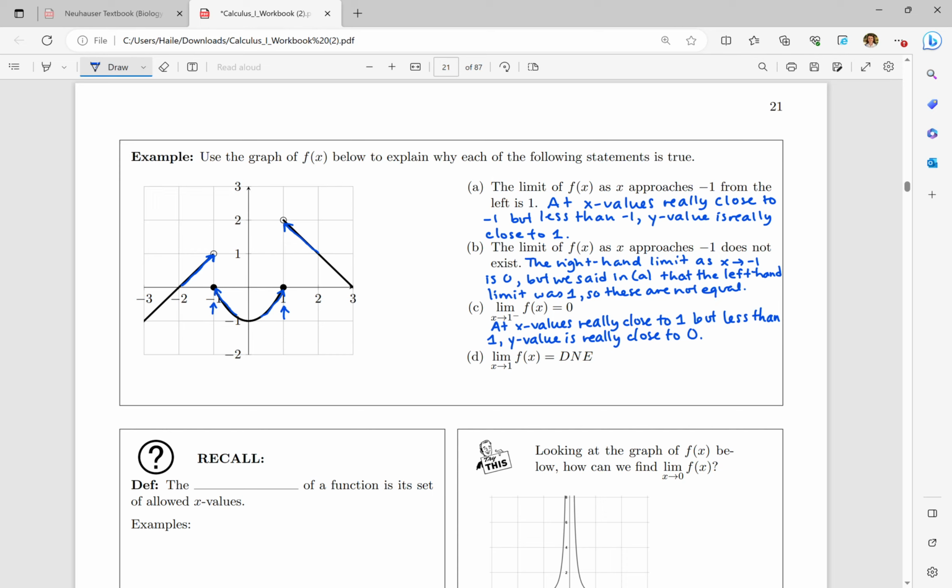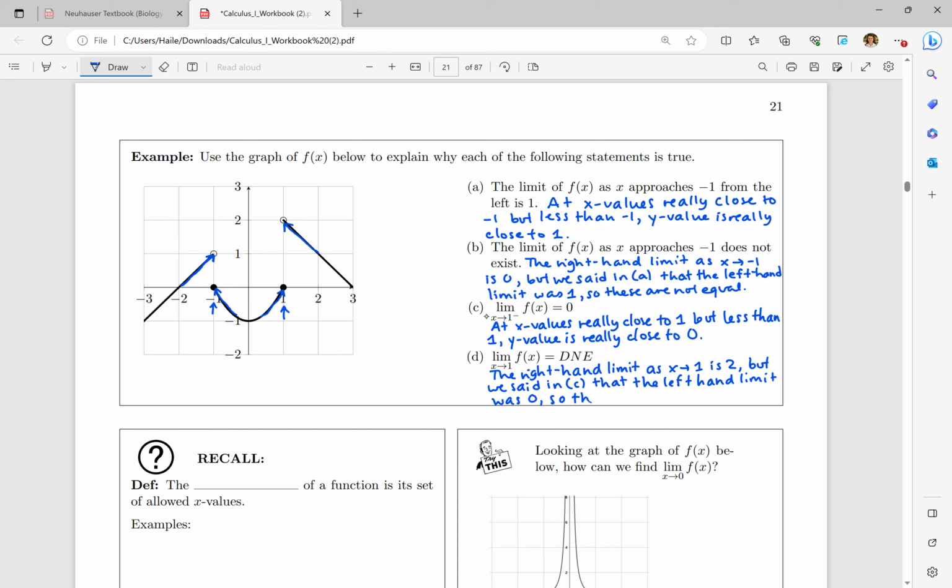So the way we explain this is we say the right-hand limit as x approaches 1 is 2, but we said in part C that the left-hand limit was 0.